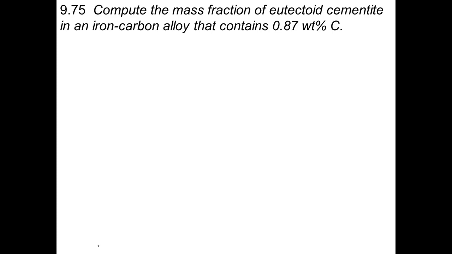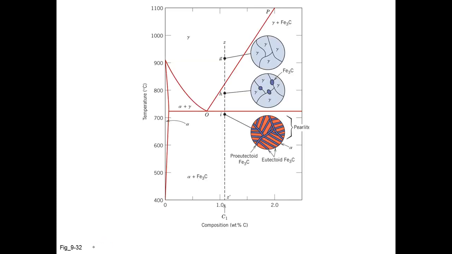In 9.75, we're asked to compute the mass fraction of eutectoid cementite in an iron-carbon alloy that contains 0.87% carbon. So the relevant figure that we can refer to here is figure 9.32, showing the decomposition reaction of a steel containing, in this case, slightly greater than 1.